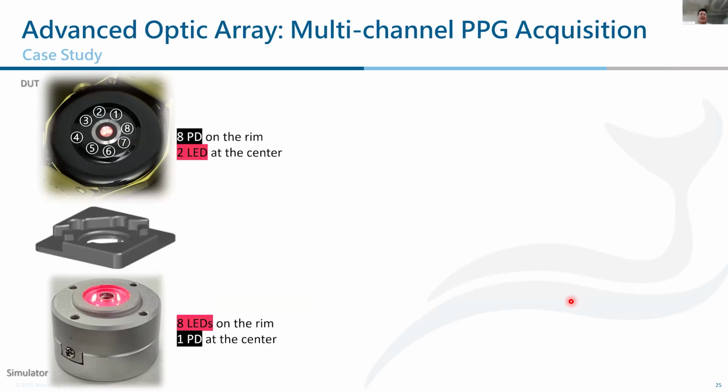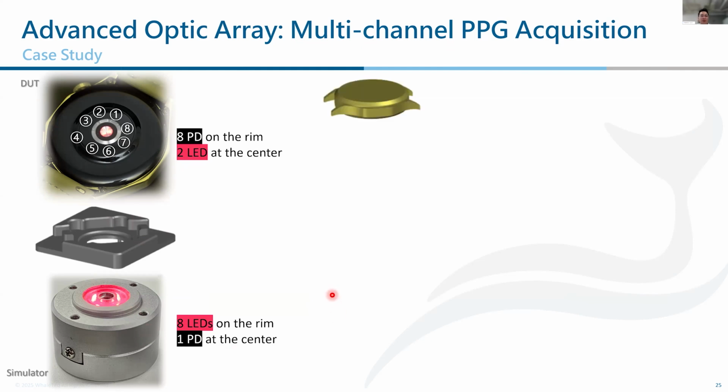So this is the case study of the watch that has multiple-channel PPG acquisition. You have a PD on the ring, also two LEDs at the center. Through the mechanical adapter, this is the customized PPG window with LEDs on the ring, but just one PD at the center.